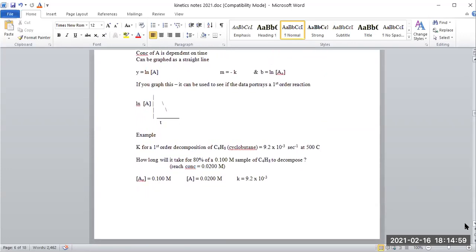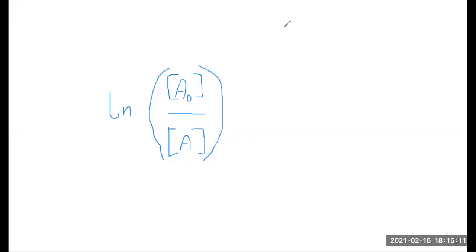All right, cyclobutane. Cyclobutane being a very odd looking square molecule. This is me switching back to my whiteboard. Clear my drawings. All right, cyclobutane.